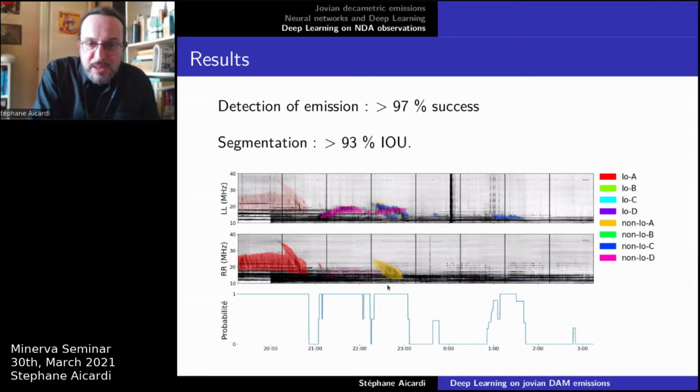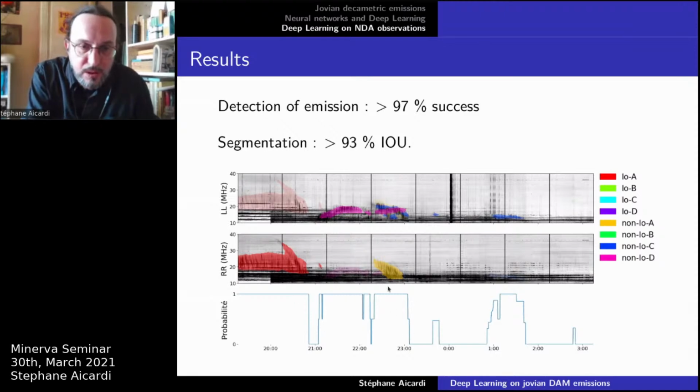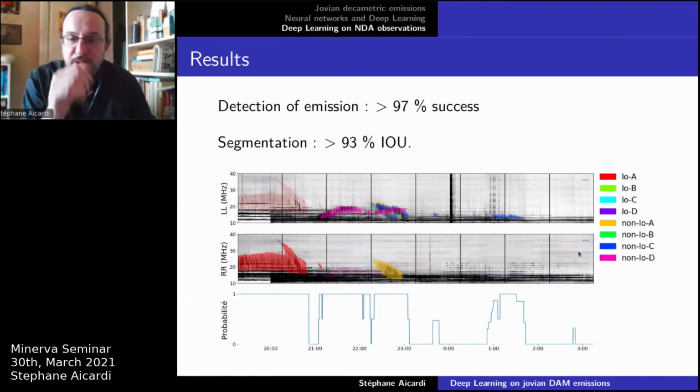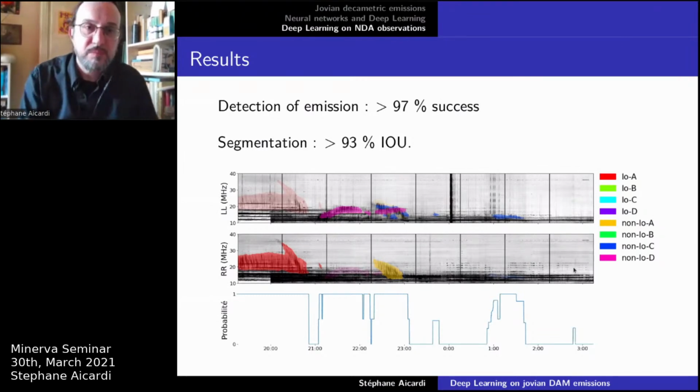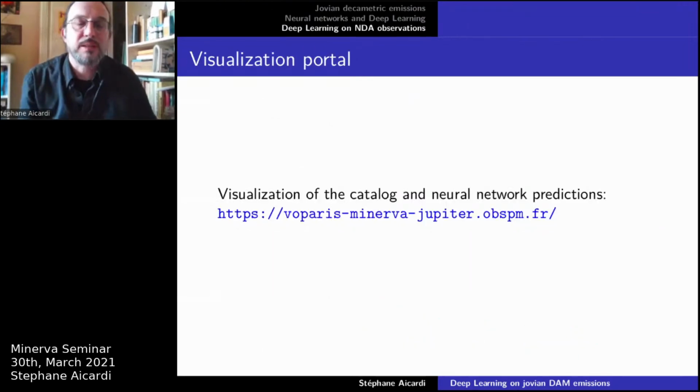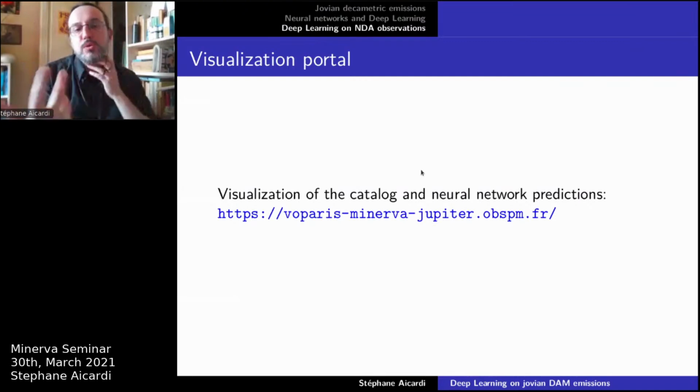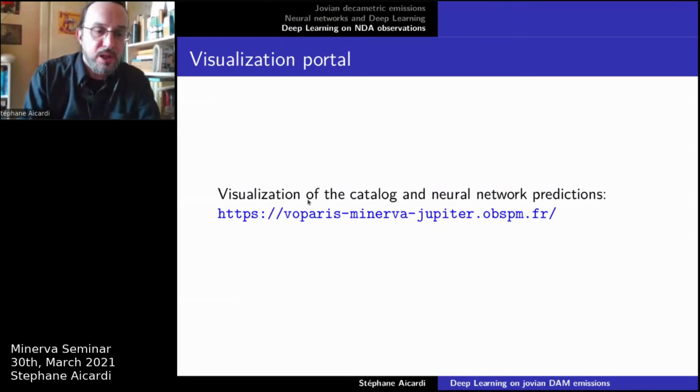Here it's a bit skinny, and here is a probability to have an emission just over, and here we have a peak, which, according to BASIS, could be here a non-IOB emission that was missed by Manilo Marquez.